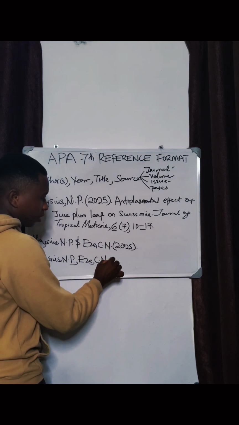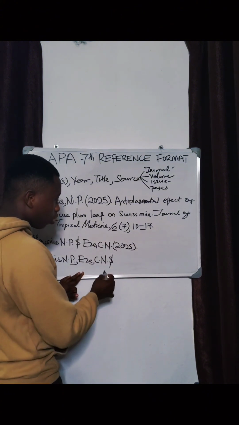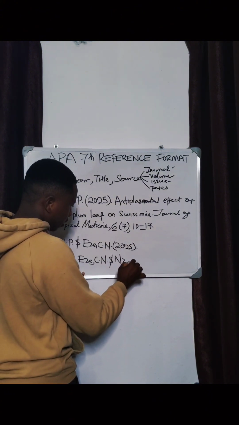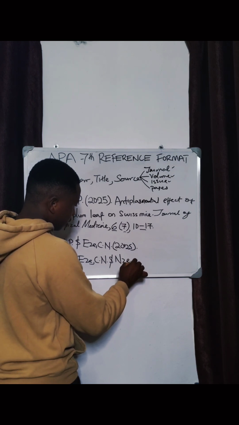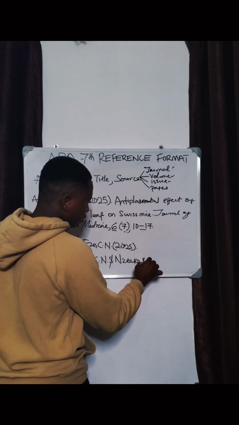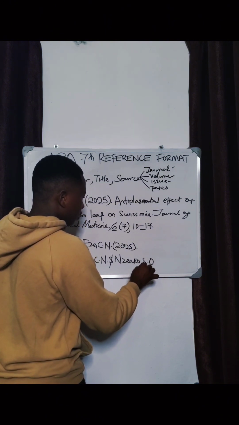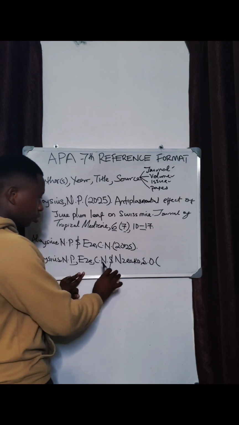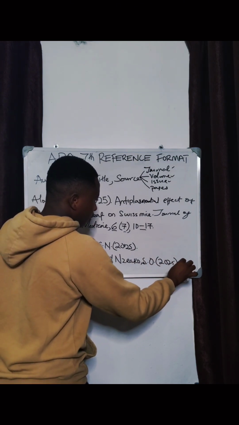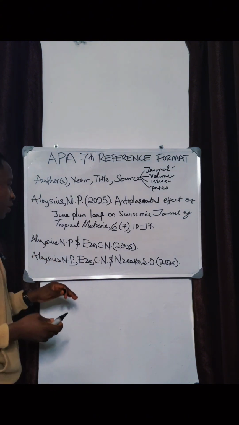Then you have the and here, before you can now add the third author. So let's assume Professor Nziakos S.O. So this is for 3 authors. So the year remains the same and everything remains the same. So this is what happens when you want to reference for 3 authors.